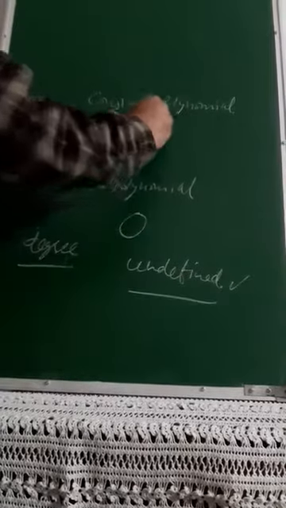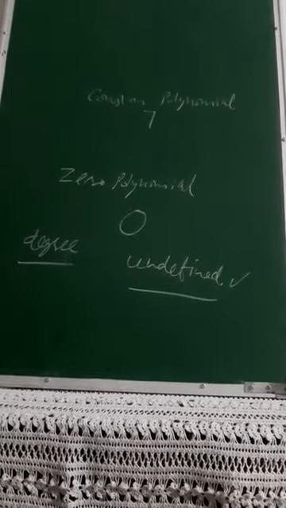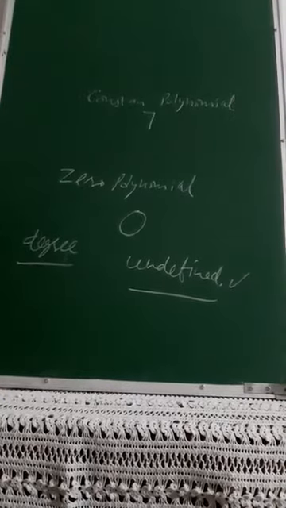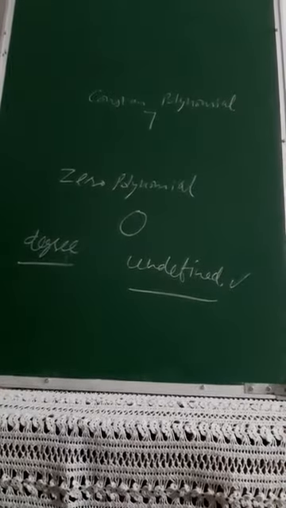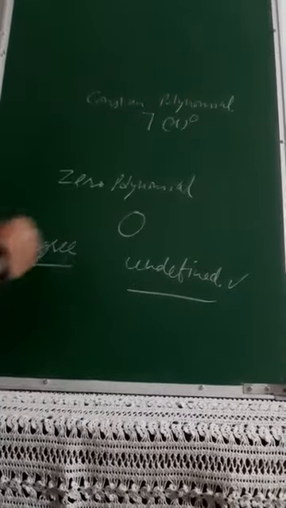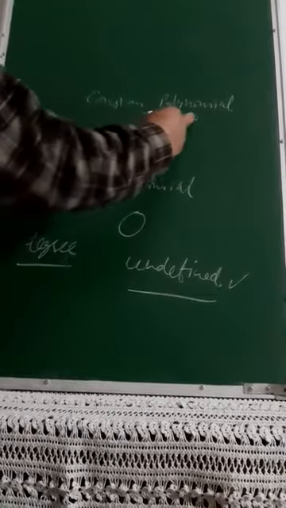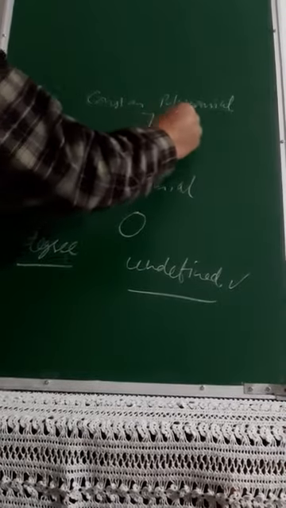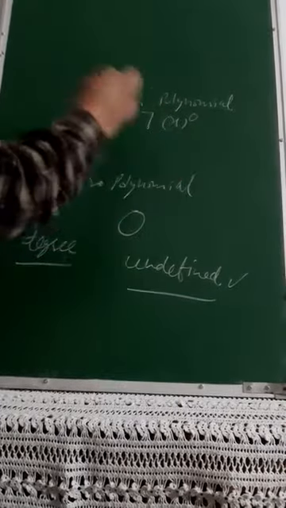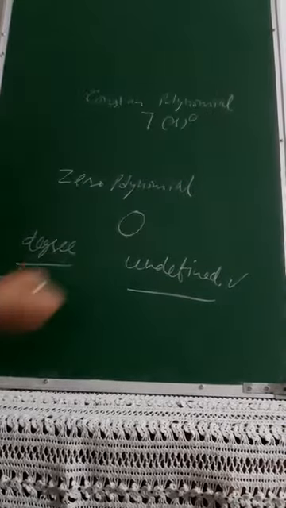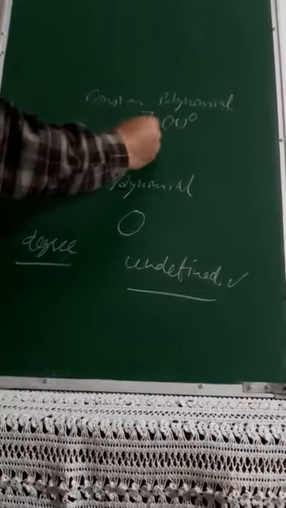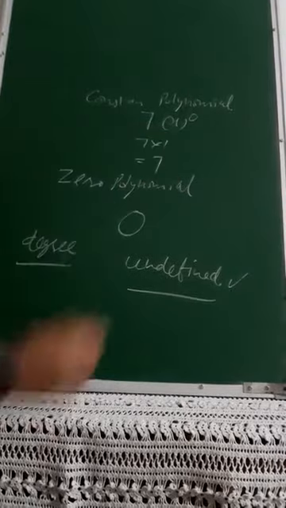And here if you are writing 7, suppose 7 itself is a constant polynomial. So no variable will be there. And if you are talking about the degree, then with 0 exponent, 7 into x raised to the power 0, whatever the polynomial is, I can write that in terms of 0. So the degree of a constant polynomial will always be equal to 0. Why? Because 0 exponent is always equal to 1 and it will remain 1 only.